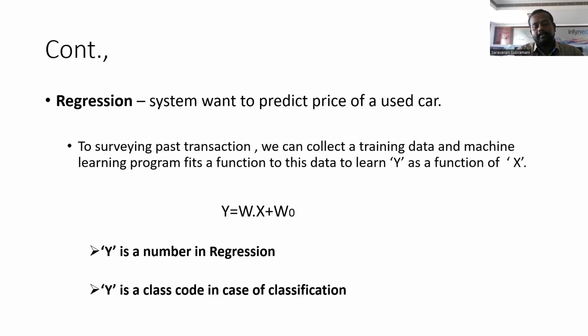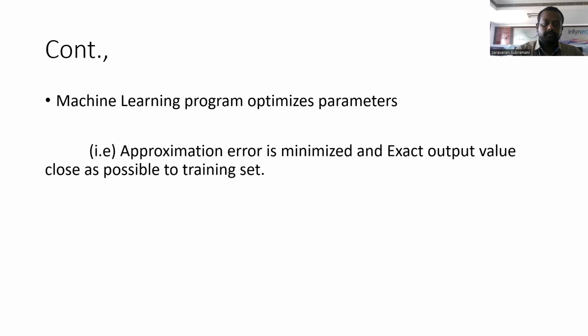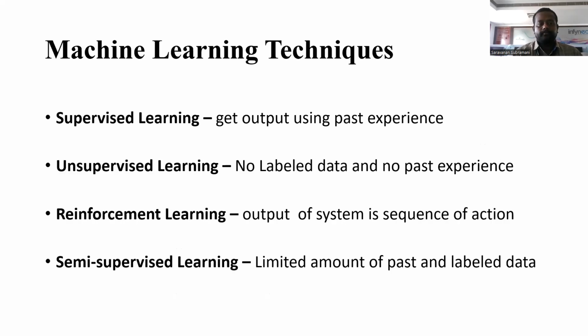Sometimes this y, the outcome, is a number, and sometimes it is categories. The machine learning program optimizes the parameters so that the approximation error is minimized and the output value is as close as possible to the training set.